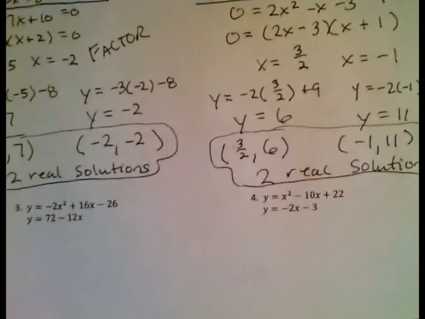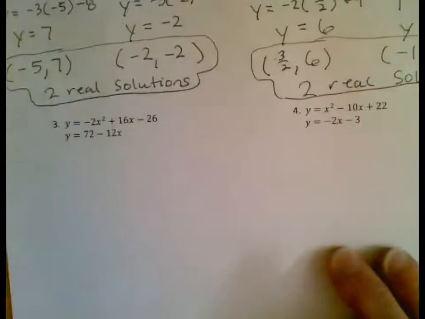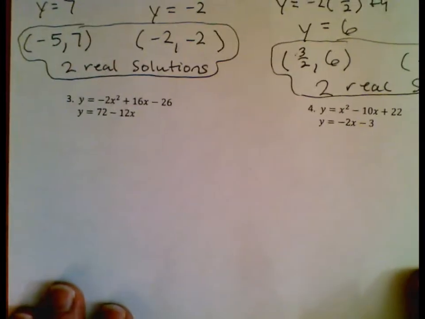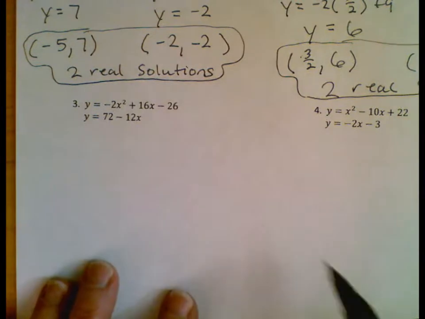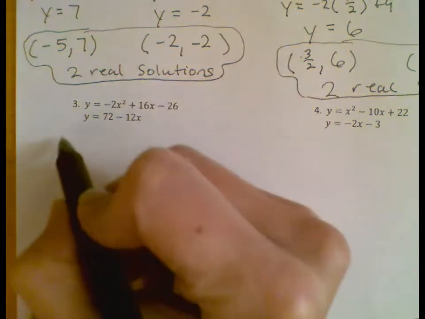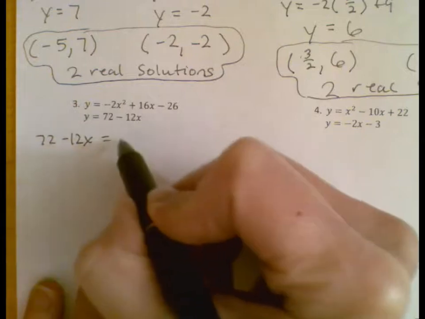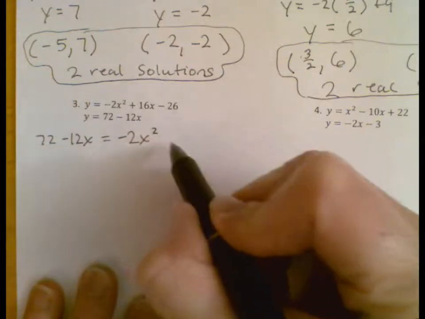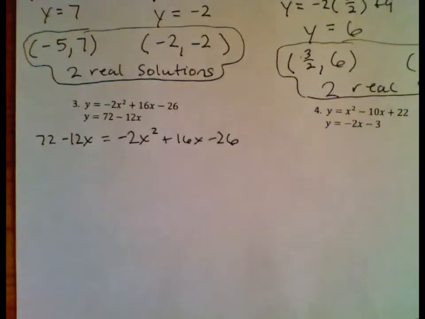Okay, let's go down to these two at the bottom. Just make sure you guys can see it. Okay, same process to kick it off. I'm going to put the 72 minus 12x in place of y. Like that.